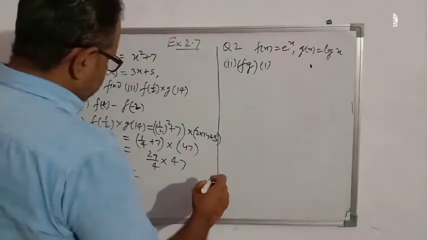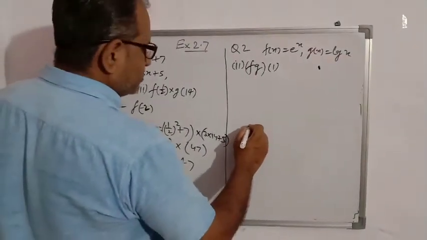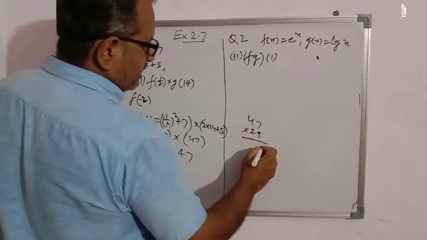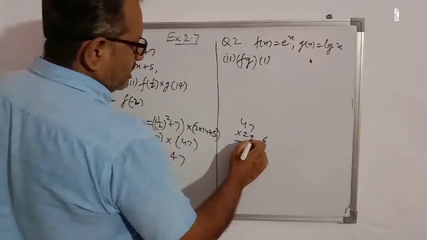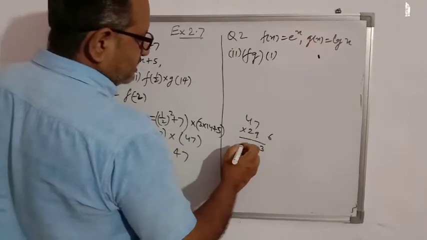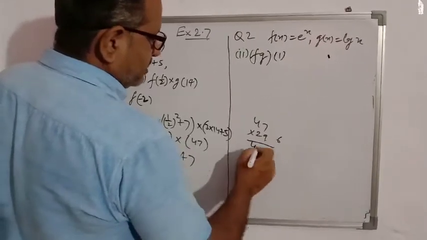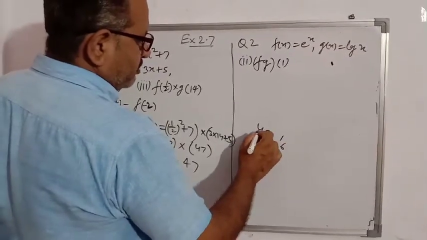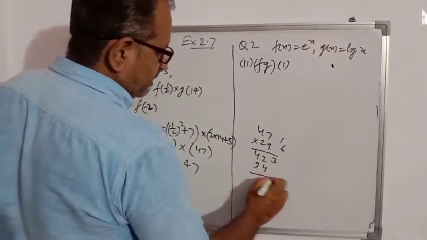Multiply 29 and 47. 47 multiplied by 29. 9 sevens are 63. 6, 9 fours are 36 and 6, 42. 2 sevens are 40. Carry 1. 2 fours are 8 and 1, 9.